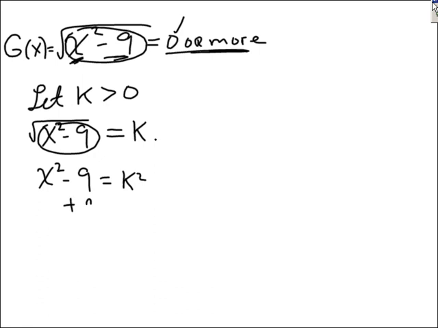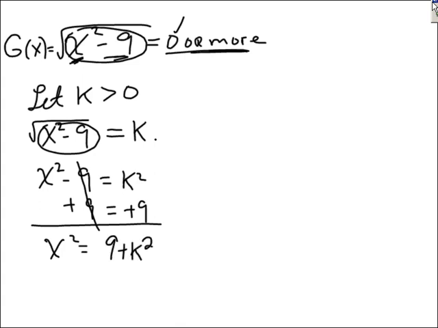Add 9 to both sides. So x squared must be 9 plus k squared. So then x can equal, plus or minus actually, the square root of 9 plus k squared.